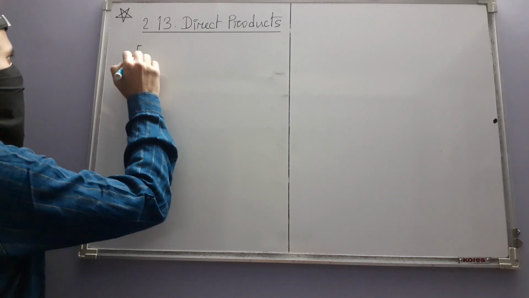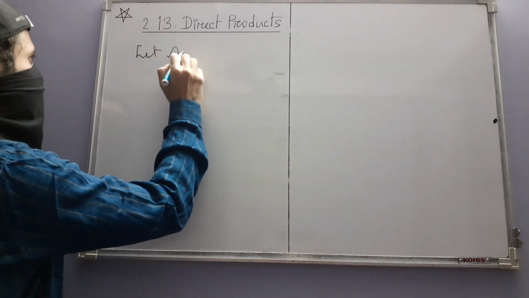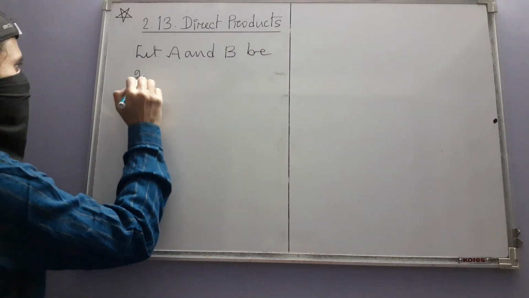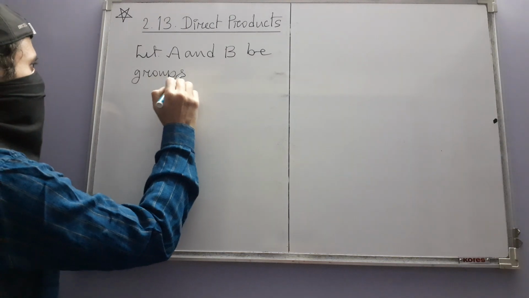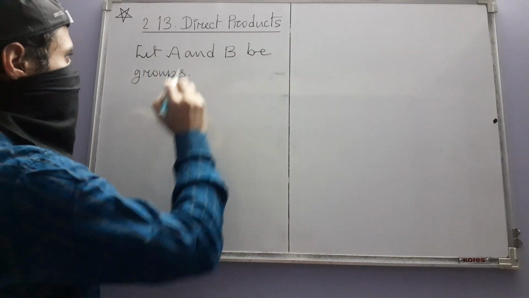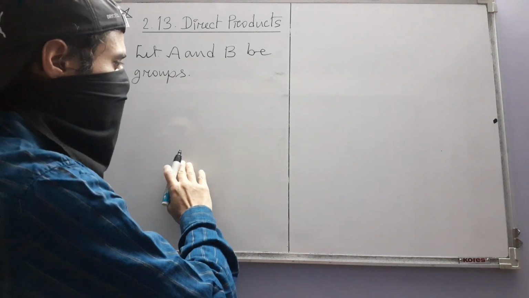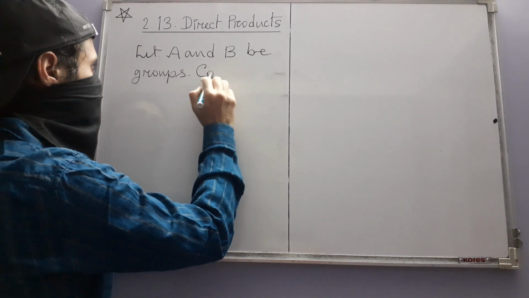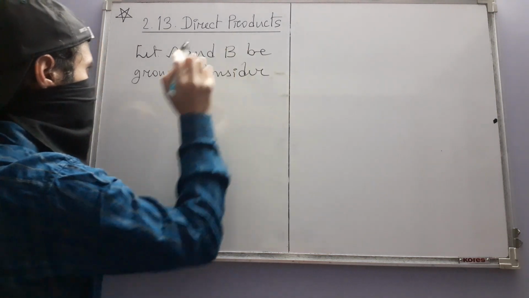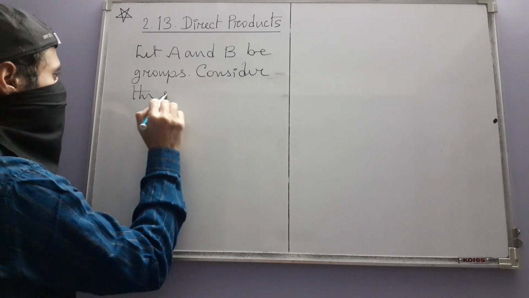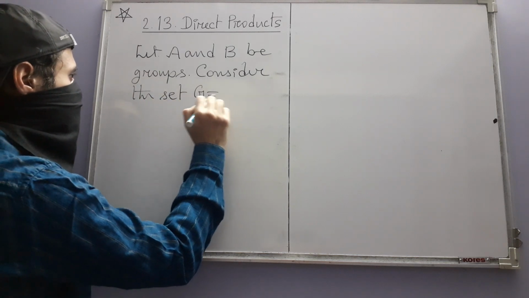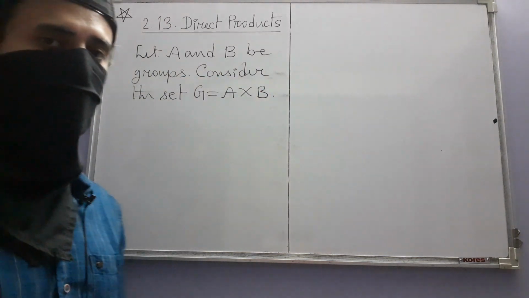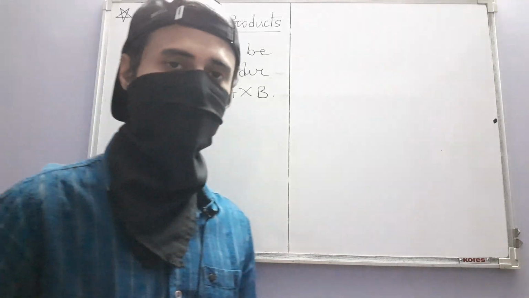So let A and B be groups. What we want to do is consider the Cartesian product of A and B. Consider the set G equal to A times B. Of course, this is a non-empty set because A and B are both non-empty.